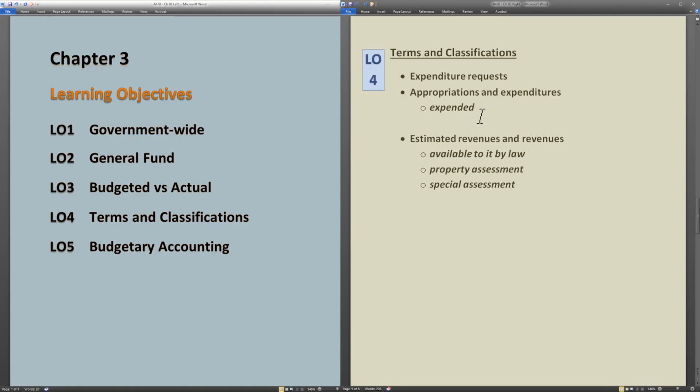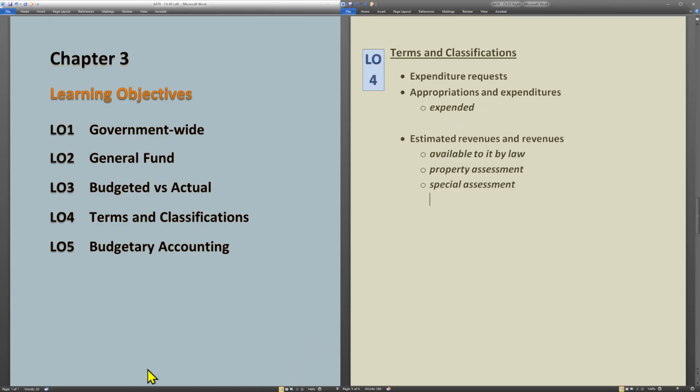In GAAP accounting, you don't have any methodology to set aside, say, I only want to spend this much on interest expense, so I'm going to appropriate a certain amount for it. You just pay it as you go along, whatever the amount is, and you roll that into the income statement as an offset to revenue and say, okay, extra interest expense reduced net income. But that's not how we track it here in governmental accounting.